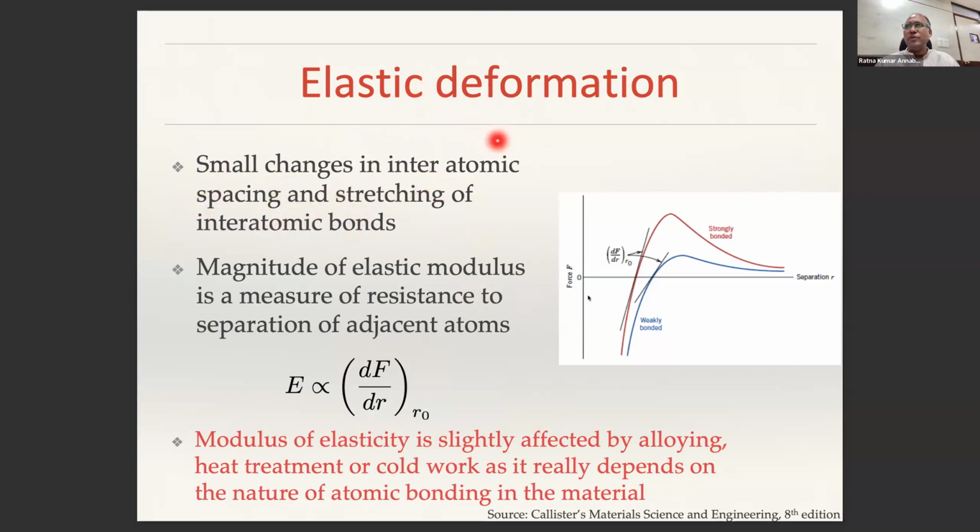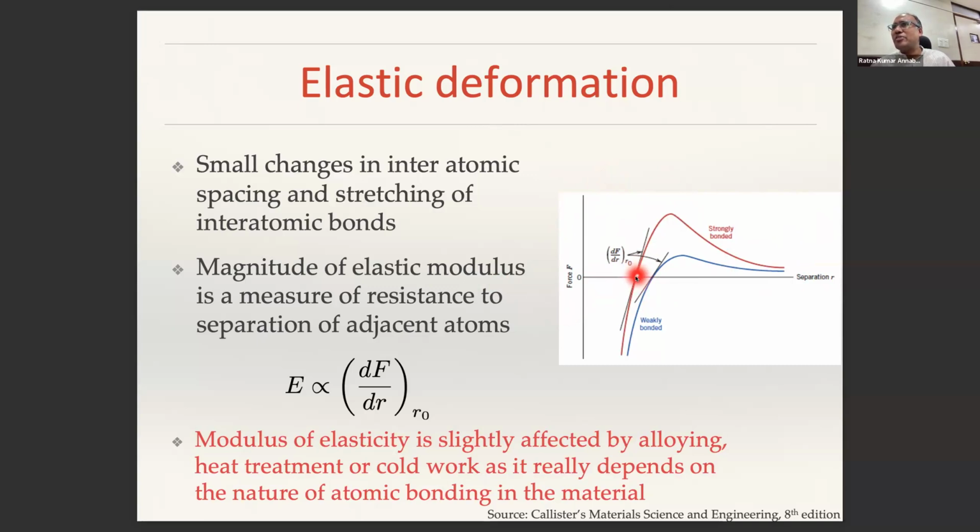The interatomic force as a function of distance between the atoms is given by this graph; depending upon the material, you will have different graphs. If you look at this red graph, this is the property of a material which gives us the elastic modulus.